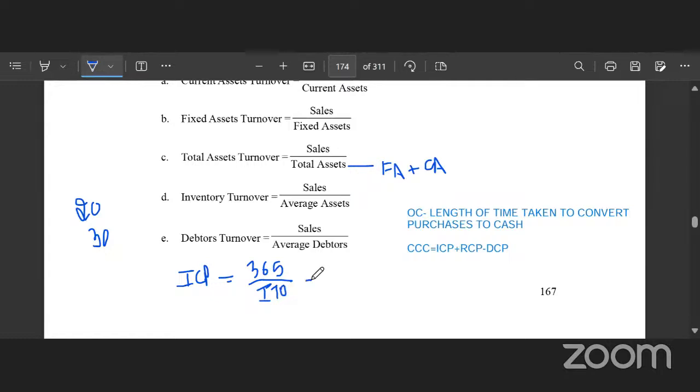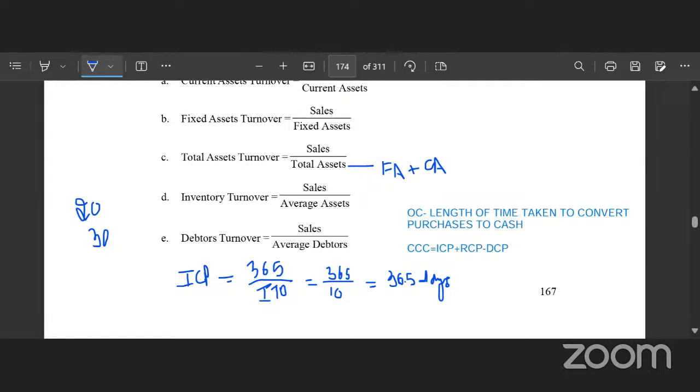Say inventory turnover is 10. 365 by 10 gives you 36.5, which indicates it is taking about 36 days to convert purchases to finished goods and sell them. An inventory turnover ratio of 10 indicates your inventory is converting to finished goods 10 times in a year.